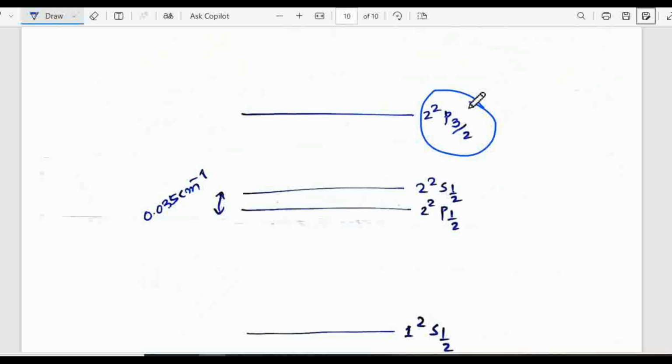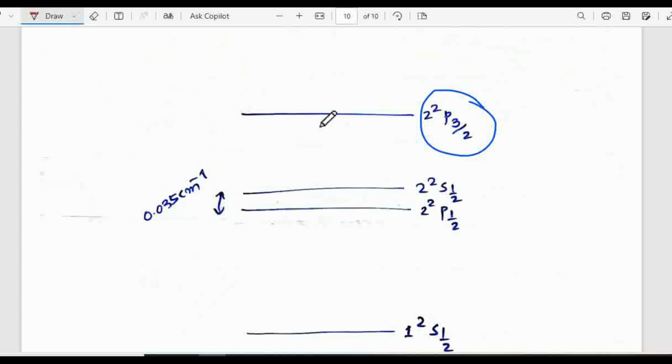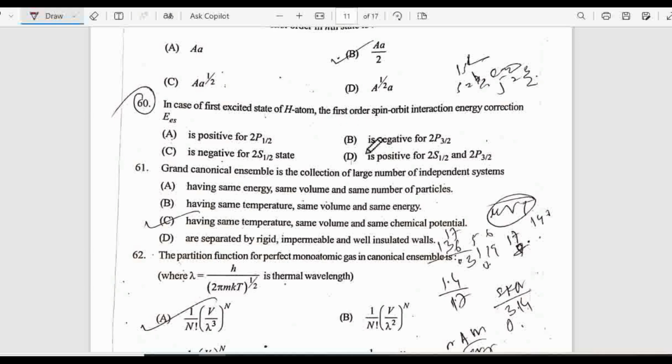That means both of these two levels, 2p 3 by 2 and 2s 1 by 2, have a positive shift. That means option D is the correct one, that is, positive for 2s 1 by 2 and 2p 3 by 2.